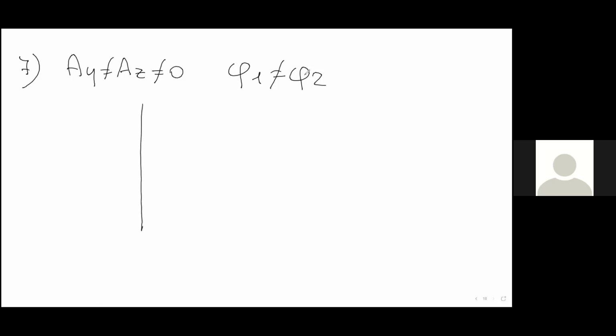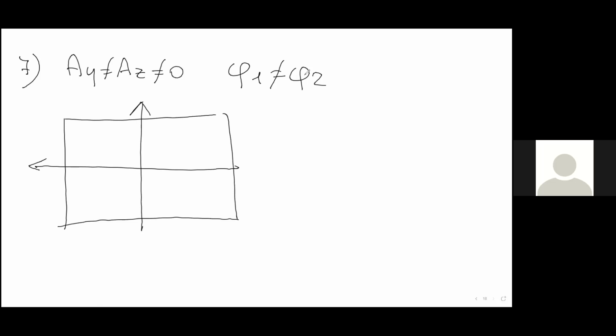Then, with the same meaning of this rectangle that you see here, you get an ellipse that is rotated like that. So you have non-canonical elliptical polarization.